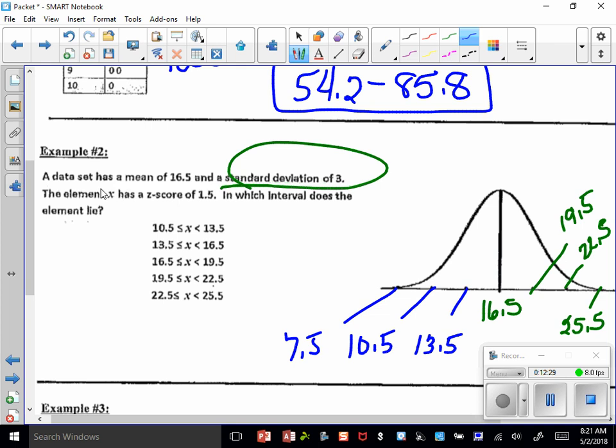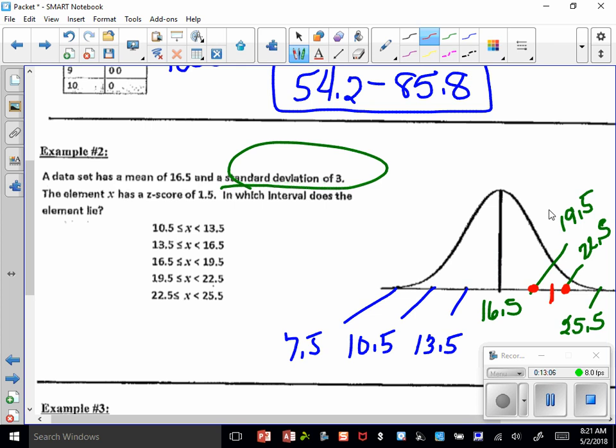Okay, so let's see what the question is. It says the element X has a z-score of 1.5. Well, guess what? If this is 1 standard deviation, and this is 2 standard deviations, wouldn't I be between these two? So where's 1.5? In the middle of 1 and 2. Is that a true statement? Yeah. So which interval would that particular 1.5 lie in?